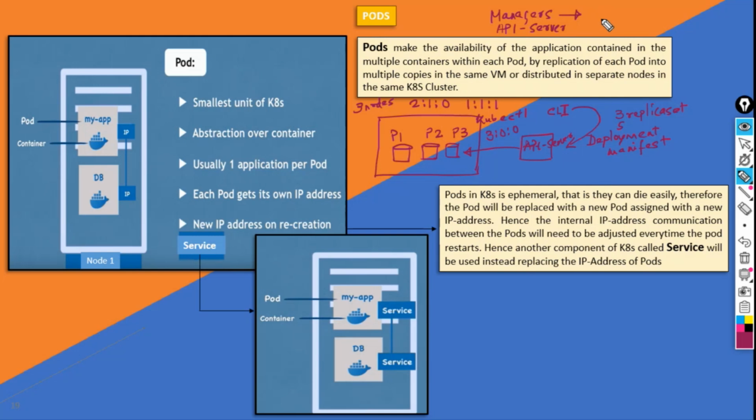We have discussed the architecture. Who is that component with which the API server will delegate the job of creating those pods over the nodes? Is it not the scheduler?